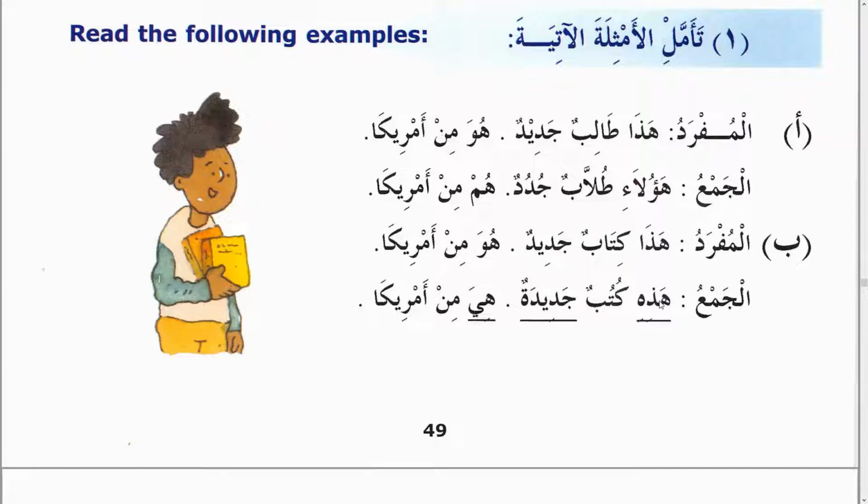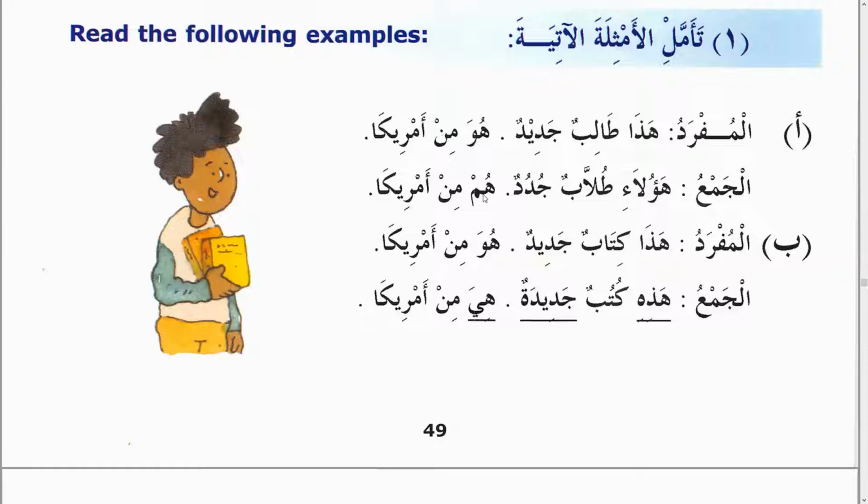But now hazihi means these because we know the context that we're talking about books, right? So in English we have to go back to the original rule, that is these. These are new books. Jadidatun. We should have used the plural, but we won't use the plural. We should have said judud, but we won't say it because kullu jama muannas.